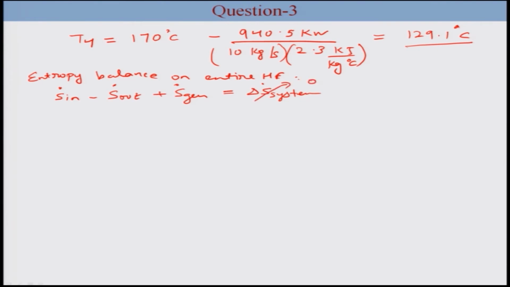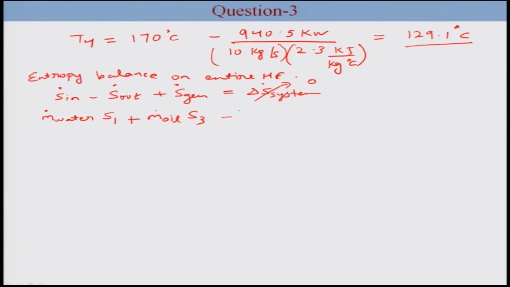So, the entropy which is entering is mass flow rate of water multiplied by the entropy at point 1 plus, along with oil, the entropy which is entering is mass flow rate of oil multiplied by S3.